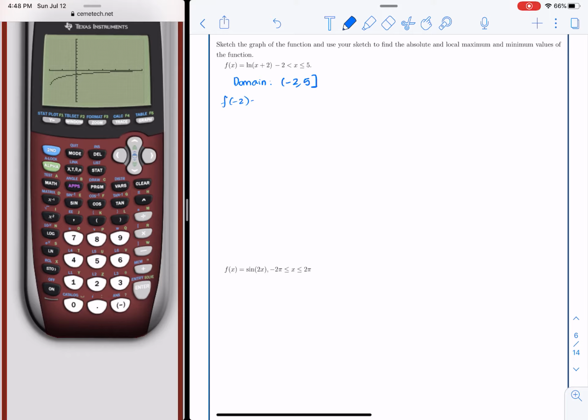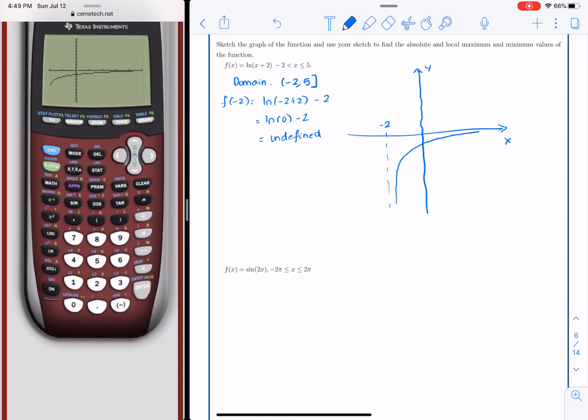If I plug in negative 2, I have ln of negative 2 plus 2 minus 2, have ln of 0 minus 2, but that is undefined because ln of 0 just drops toward infinity, or excuse me, negative infinity. So at negative 2, I'm going to have something like this, and it is going toward positive 5.